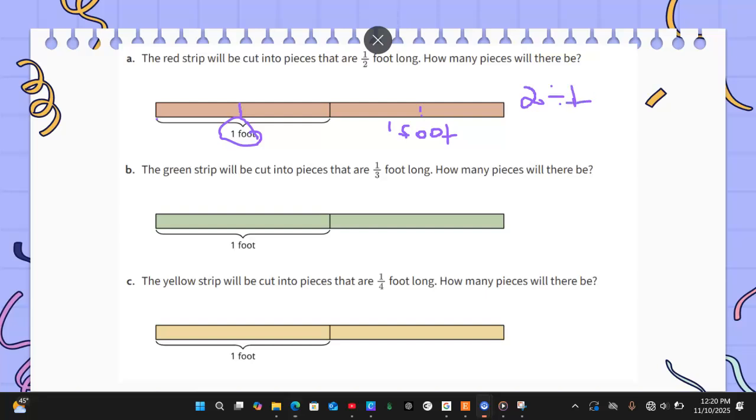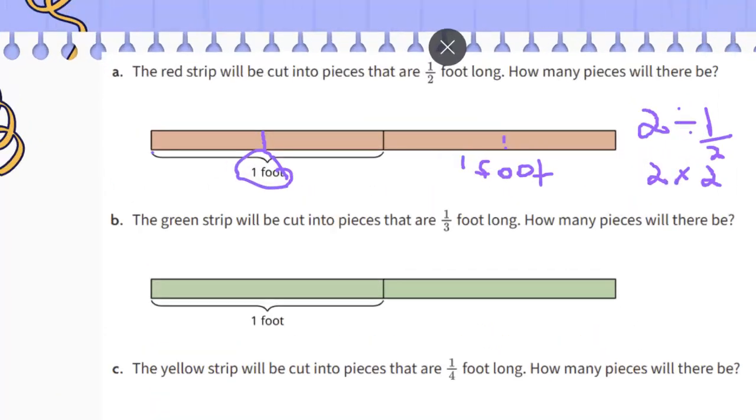Now let's take the same strategy that we used in our previous video. I could say 2 times 2, and again this one whole is partitioned into 2 pieces.